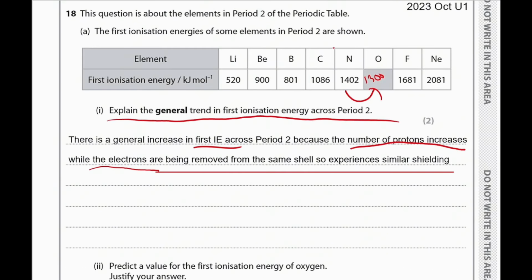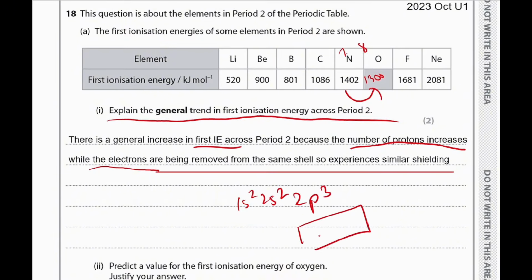If I talk about nitrogen, it has 7 electrons, and oxygen has 8. So for nitrogen we have 1s2, 2s2, 2p3.